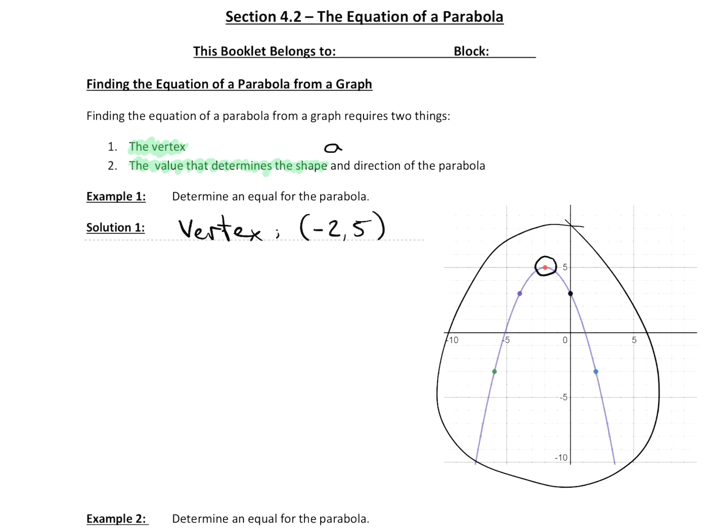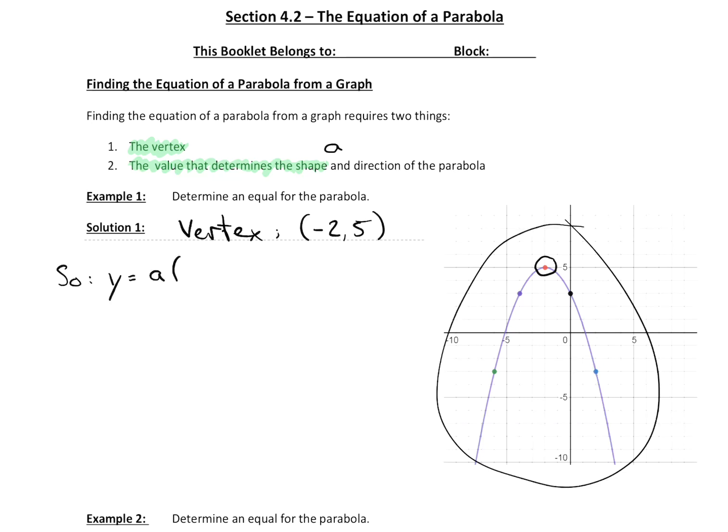And we know that from our standard form equation, my vertex equation has an A value. So remember that stretch piece or the reflection piece, the over 1 up 1 is a basic. So then over 1 up 2, the A value would be a 2. But in this case, we don't know what it is.